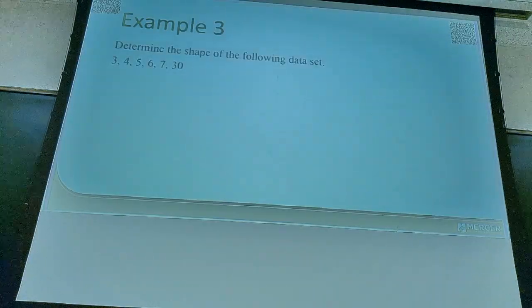So determine shape. Right skewed, left skewed, or symmetric, which means we need 2 values. We need its mean and we need its median to compare, right?